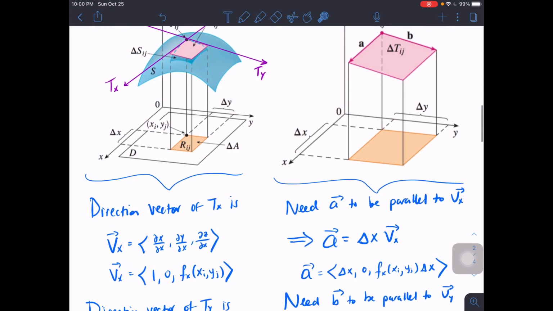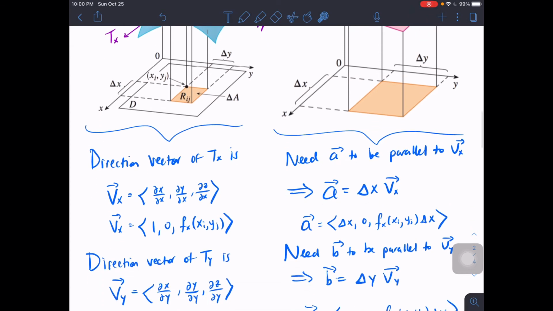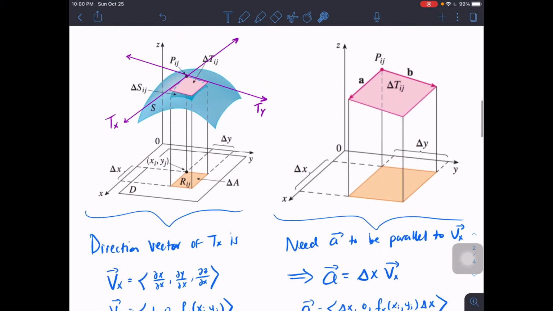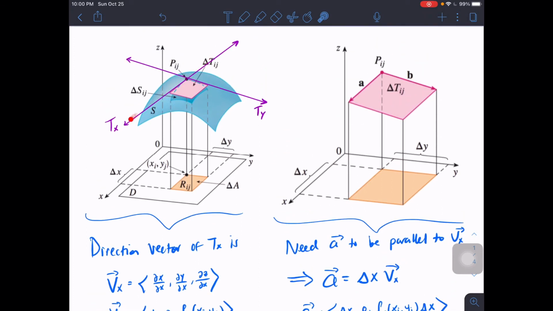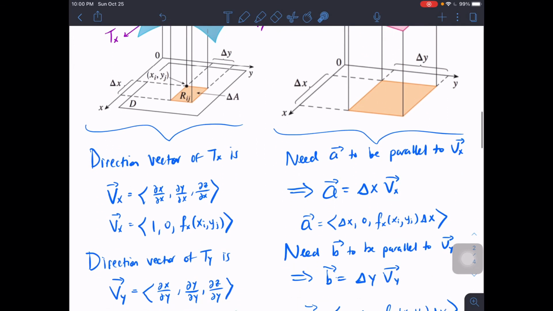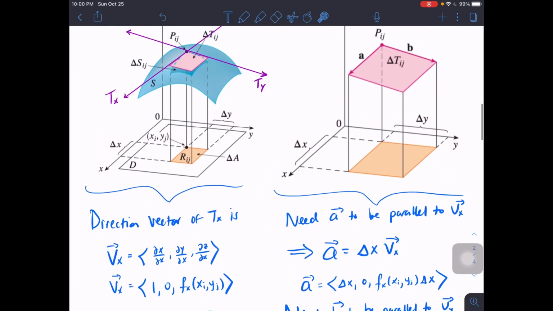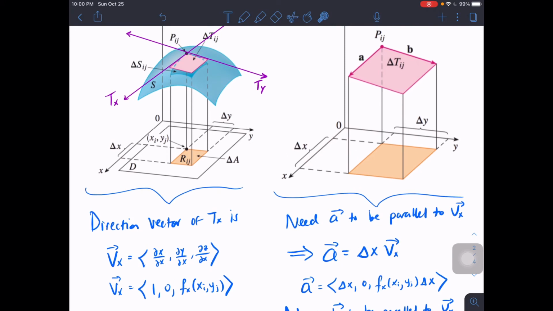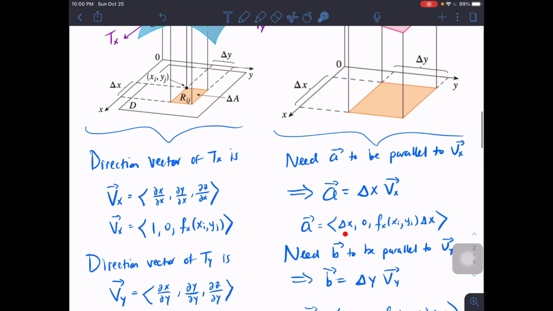And since we want these vectors to correspond to the lengths according to these tangent parallelograms, what we do is we know we want a to be parallel to the vector Vx because we want it to be in the same direction as the tangent line Tx. But because we want the x component to be delta x, we multiply Vx by delta x. And so that gives us our desired magnitude for the change in x.